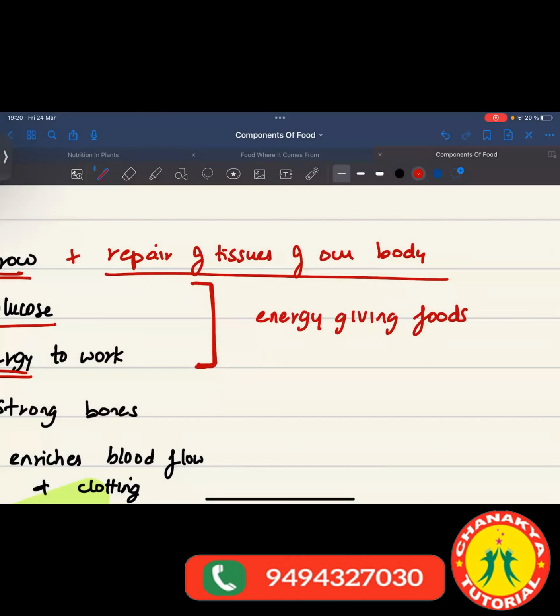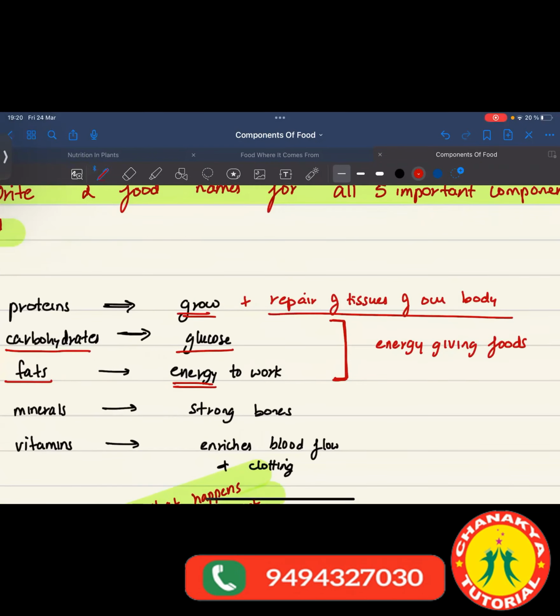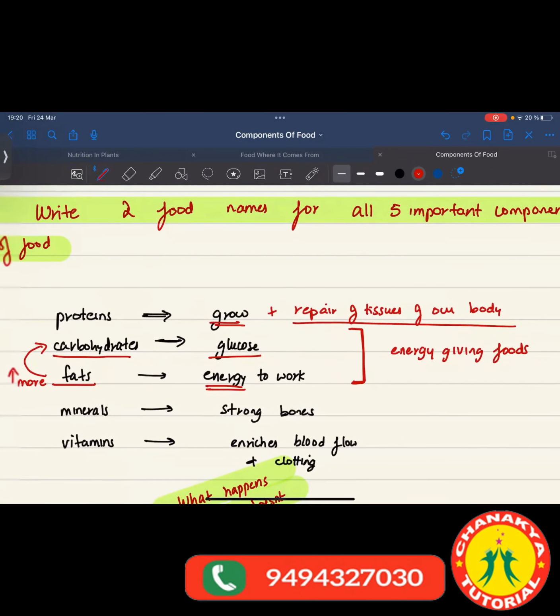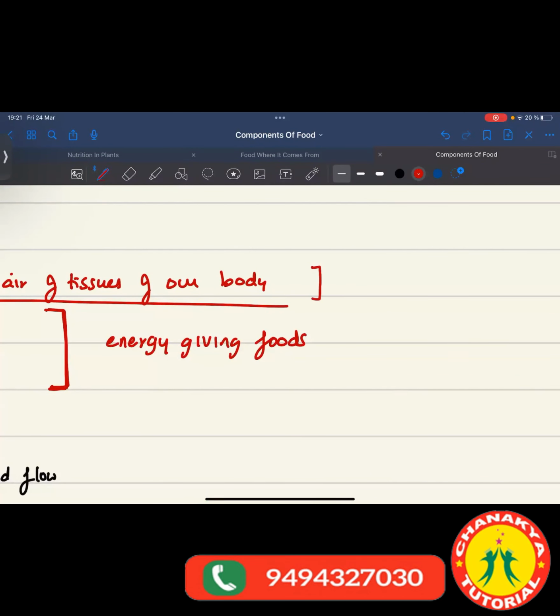That is why you're able to function properly. You fell down 5 years ago and weren't able to walk, but right now you're completely fine. Your tissues have rectified themselves because of the presence of proteins. Since they help in growth and repairing of tissues, they are known as bodybuilding food.